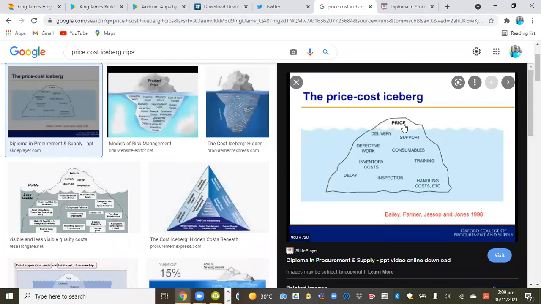That's the price cost iceberg. So you see the price. The price is the only visible element. The others, inventory, inspection, handling, training, consumer support, delivery, delay, these all have cost implications. We need to consider all, including price.